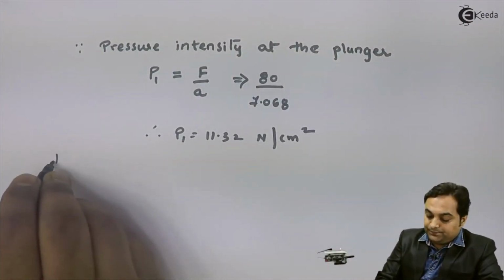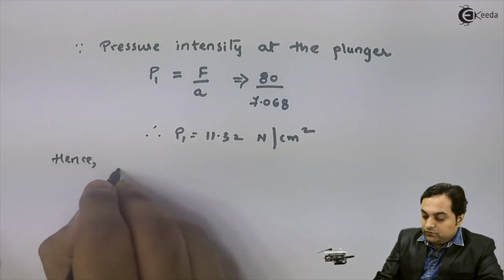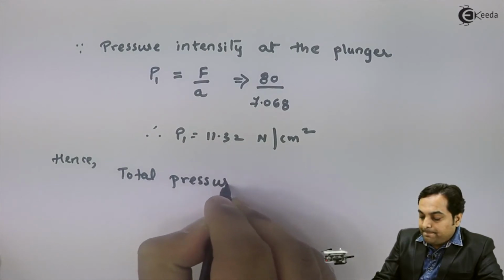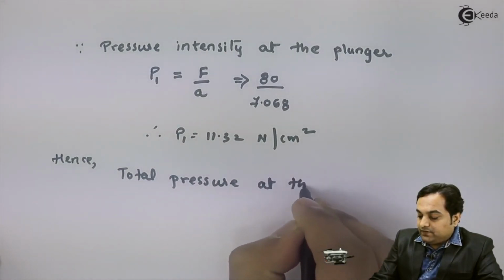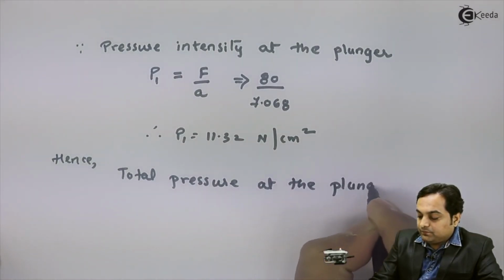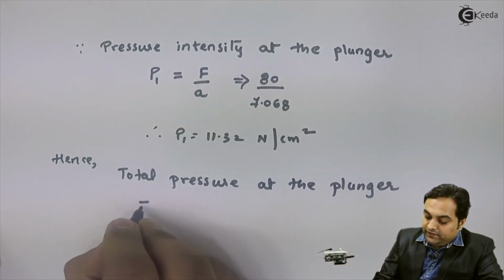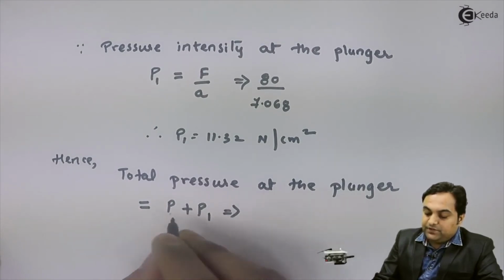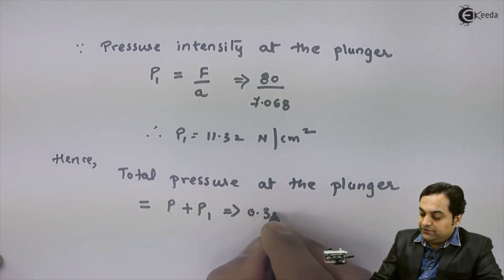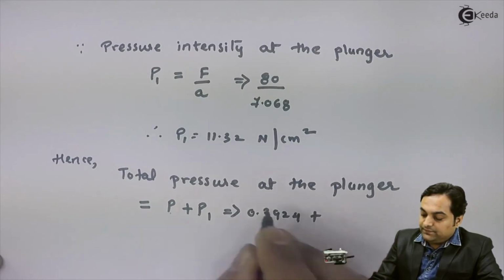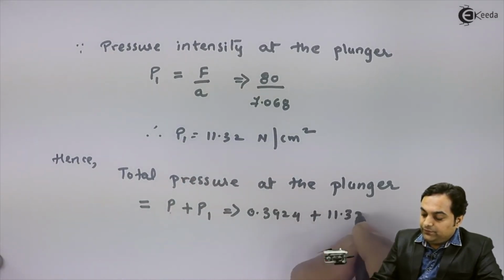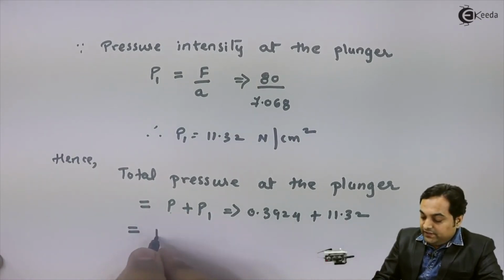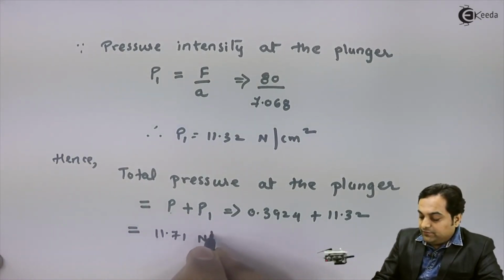Hence, total pressure at the plunger will be equal to P plus P1. This P is because of the height, that is 0.3924, plus P1 is 11.32. So from this, the total pressure which we have is 11.71 Newton per centimeter square.